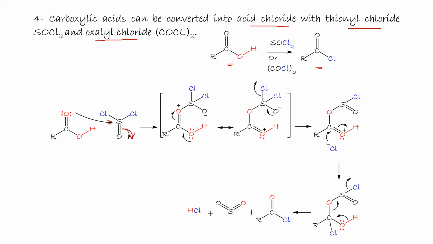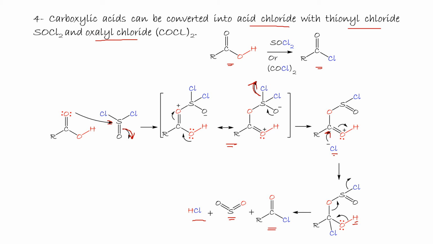This species will be in resonance. We have two resonance structures, followed by loss of Cl minus, then Cl minus nucleophilic attack, elimination of HCl and SO2 to furnish acid chloride.